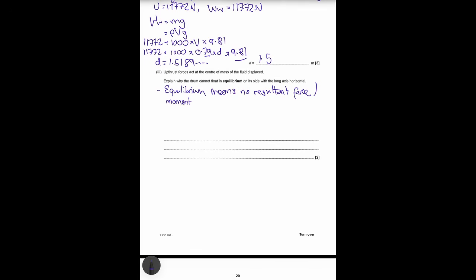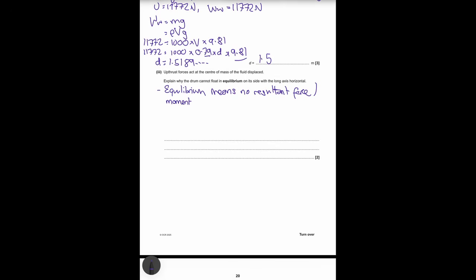So I'm going, well, it's probably because it's going to be turning. So I know I've shown the examiner that I know the definition of that. Whether or not that's a mark, I'm not too sure. It probably is going to be, because I've said the law principle formula. But again, even if it's not, I'm just saying it to give myself a clue. Actually, I'm looking at the mark scheme, and yeah, it is. So that's good.